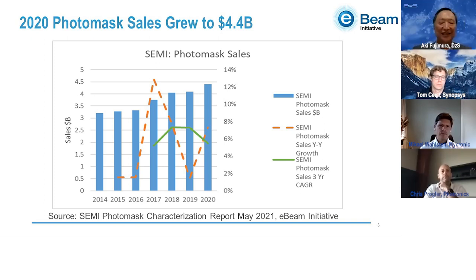To the left of these bars, we've been kind of stuck around $3 billion for the longest time, and then it started to break up onto the right, and it's looking pretty strong going forward.